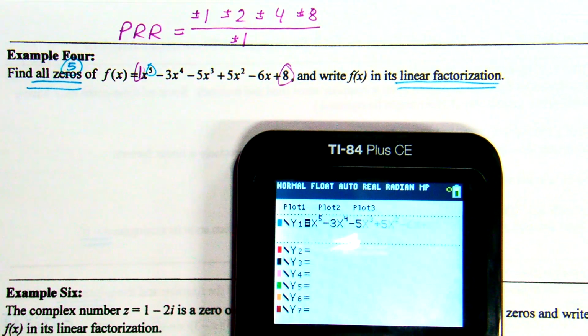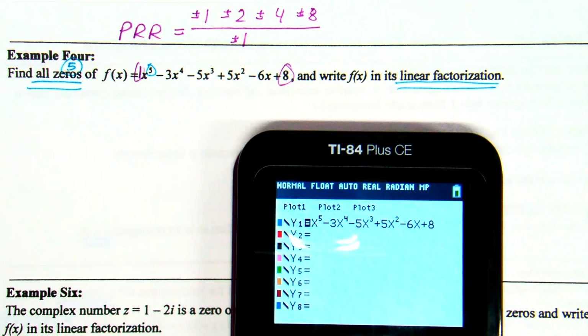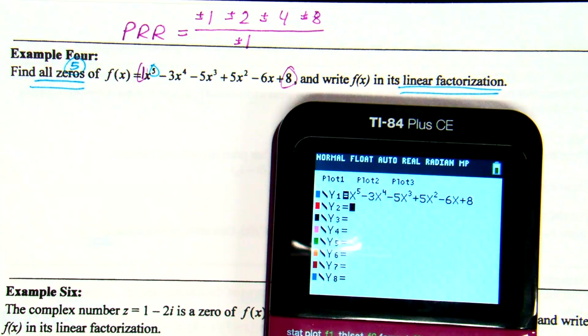I would recommend, especially on a quiz or a test, before you actually hit graph, that you double check if you typed in the right thing. Because if you type in the wrong thing, can I see what you typed in? I can't, so it makes it hard for me to give you any partial credit.